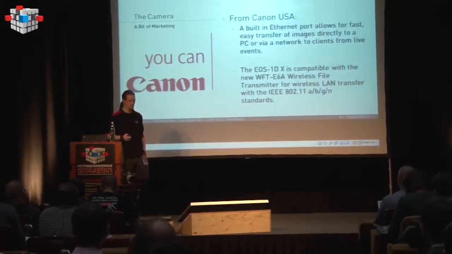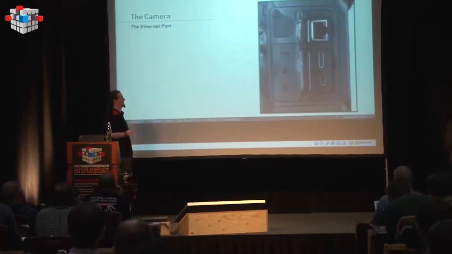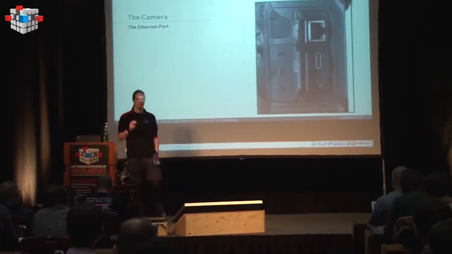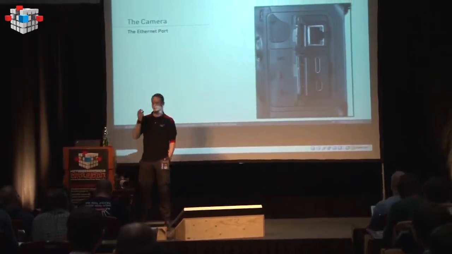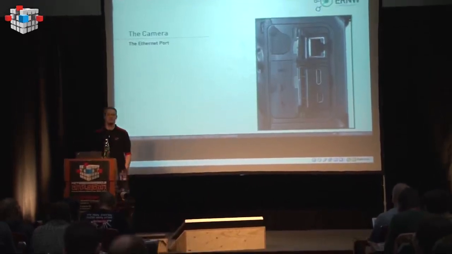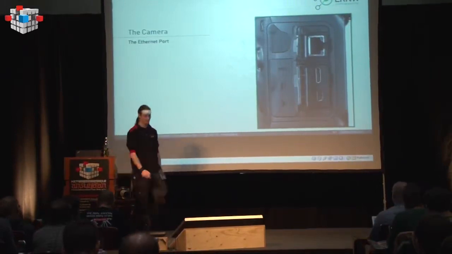Isn't that amazing? As you see, this camera has a real Ethernet port on the side, and that was one of the main reasons for looking into this camera, getting into all the protocols, and seeing if Canon did a good job implementing the network interfaces.